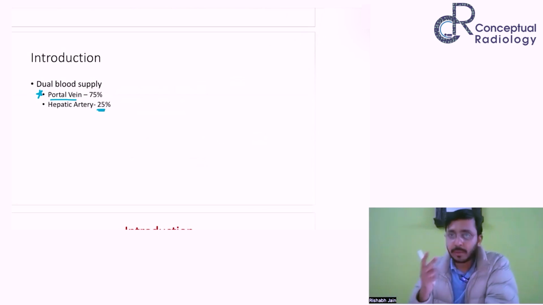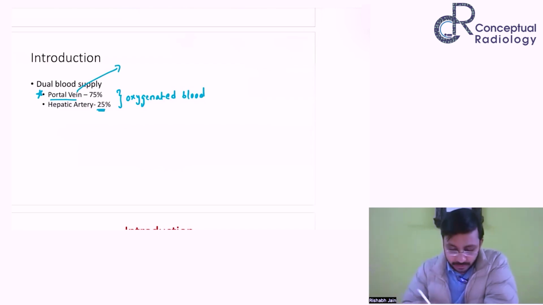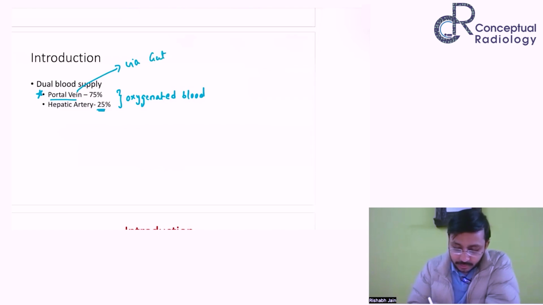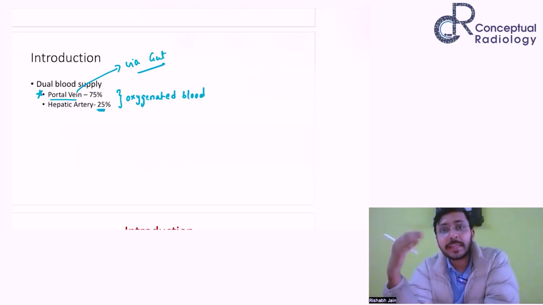So we have a dual blood supply, both of them giving oxygenated blood. This portal vein supply to the liver is via the gut. The blood flowing to the intestine comes to the liver through the portal vein via the superior mesenteric vein, the inferior mesenteric vein, and the splenic vein.